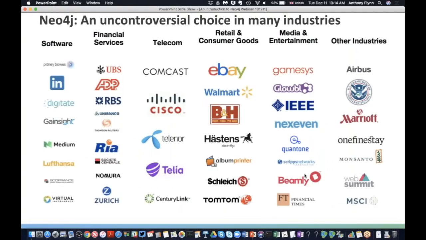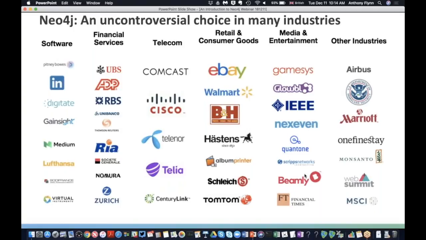So that's a very quick whistle-stop tour of what the technology looks like. In terms of where it's being used, it's an uncontroversial choice. It's a kind of technology that is used across many industries, and there's a selection here of some of our customers, both large and small. You'll see there are platform vendors there like LinkedIn, which uses Neo4j actually to gamify parts of its platform for some of its markets in the Far East.